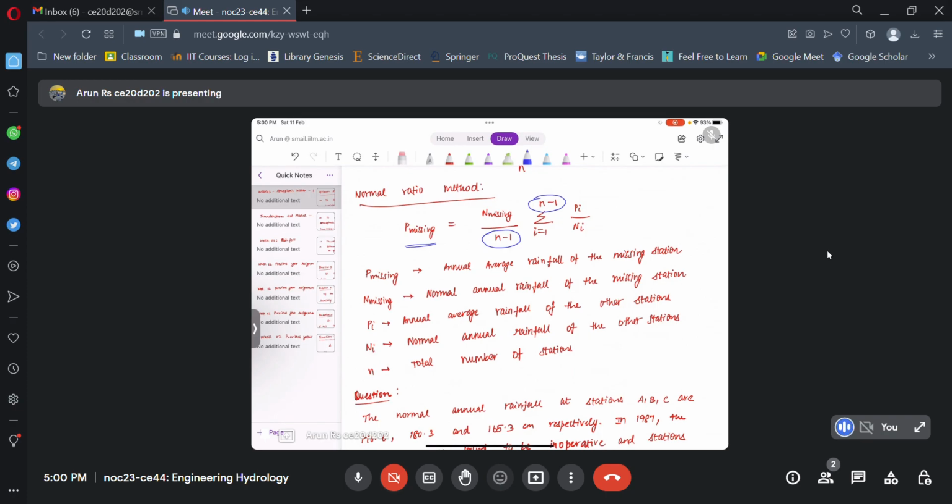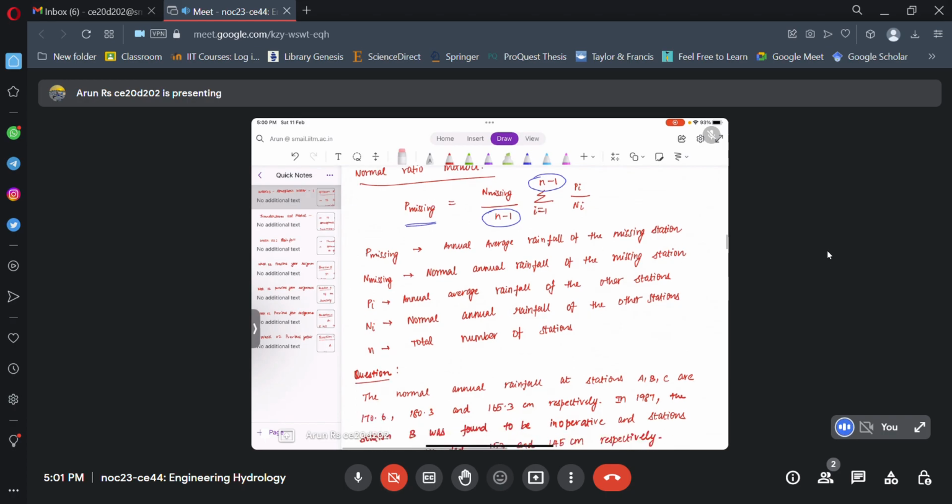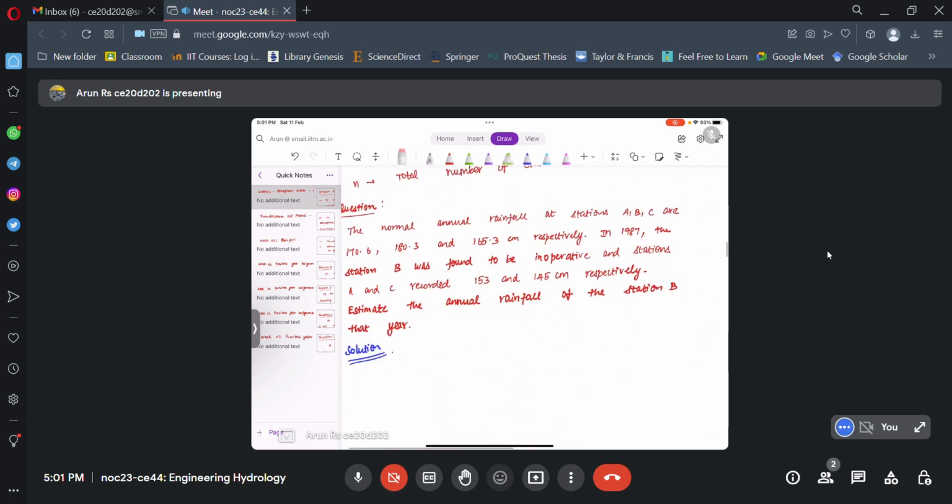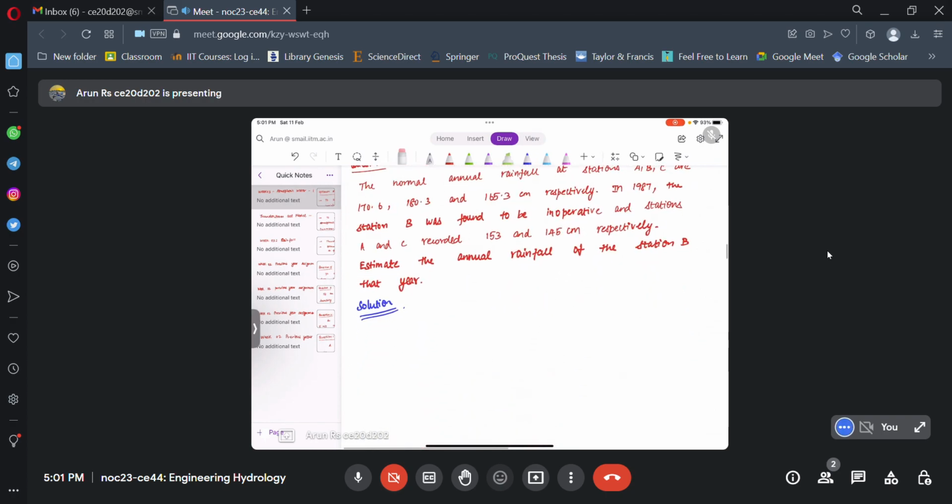So we are considering the other 3 stations only, multiplied by the summation of precipitation for the stations which were operative divided by the normal rainfall of the stations which were operative. Here I have given the explanation for each of the terms in the formula. Now we can go for a problem.